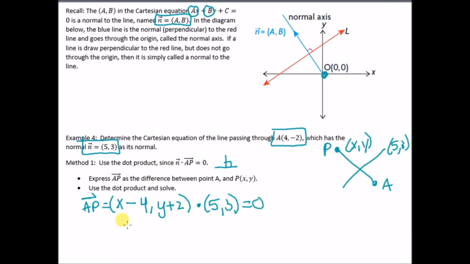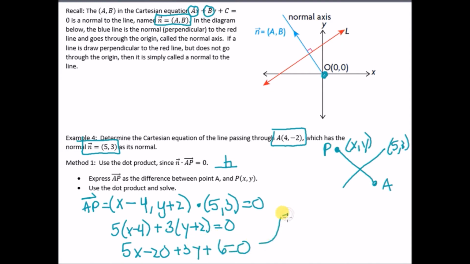So let's go ahead and dot them. We have 5 times (x minus 4) plus 3 times (y plus 2) equals 0. So we have 5x minus 20 plus 3y plus 6 equals 0. So I get 5x plus 3y, and then just collect like terms, negative 20 plus 6, I get negative 14, equals 0.